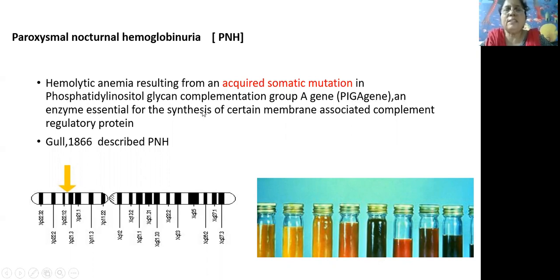It's a little difficult, but you have to learn. This gene is essential for production of the enzyme needed for the complement regulatory protein, membrane associated complement. Don't bother, when I take the class fully, this will be easy.